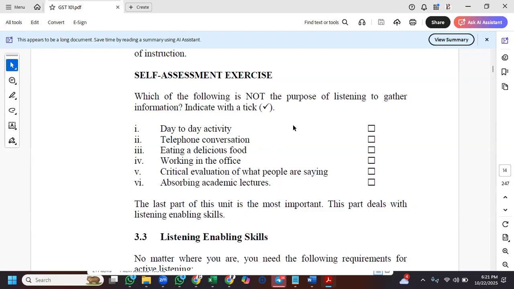Now, day-to-day activity, is it general or specific? Let's answer. General. Okay.